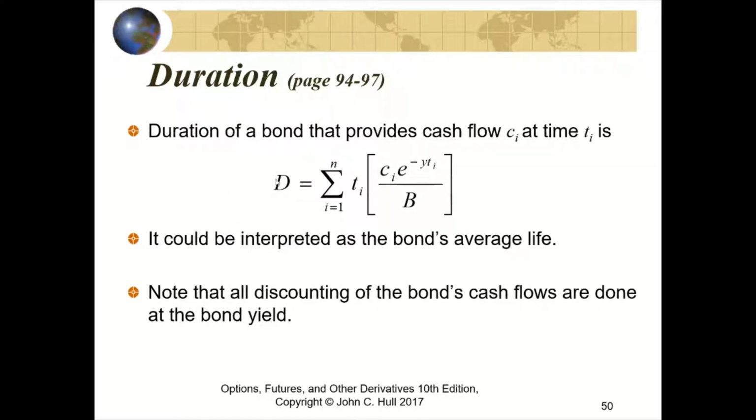Now, we can define the duration as a sum of the time at which each cash flow is going to be paid, times the present value of the cash flow divided by the bond price today. So in a way, we can interpret the duration as the bond's average life.